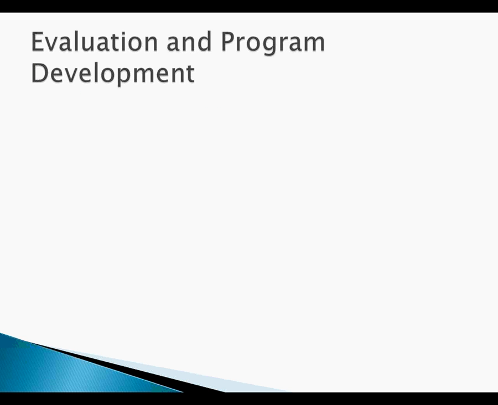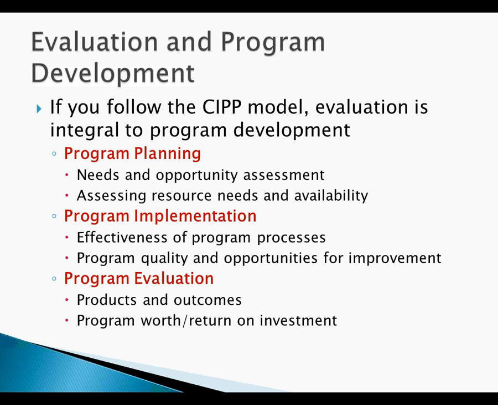If you take that model or accept that model, it's really easy to relate different kinds of evaluation to the program development process. Program planning looks at the context and input evaluation in the CIPP model, looking at needs, looking at resources.